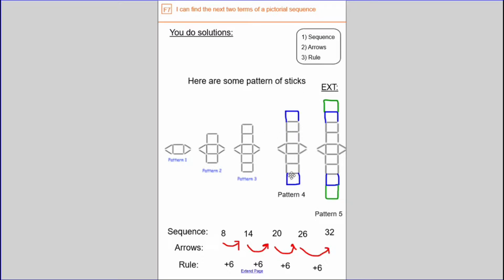So pattern 4, we add 3 to the top and 3 to the bottom using pattern 3. And for the extension, using pattern 4, you need to add 3 sticks to the top and 3 sticks to the bottom. So a total of 26 in pattern number 4 and a total number of 32 in pattern number 5. And again, to double check your answers, remember you need to count that you have got the correct number of sticks in each pattern that you've drawn.